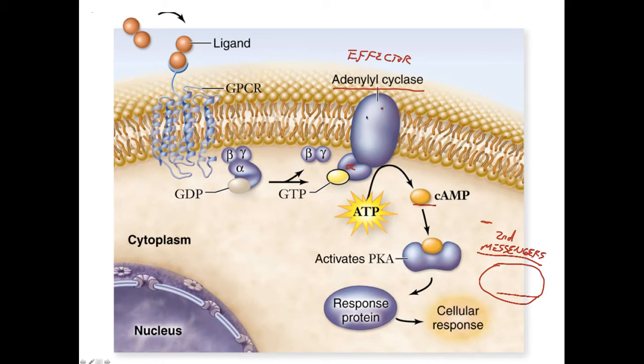And when adenyl cyclase becomes activated by an active alpha subunit of a heterotrimeric G protein, it causes the production of a second messenger molecule called cyclic AMP. What adenyl cyclase in its active state does is take ATP and convert it to cyclic AMP. And we'll look at that in just a second.